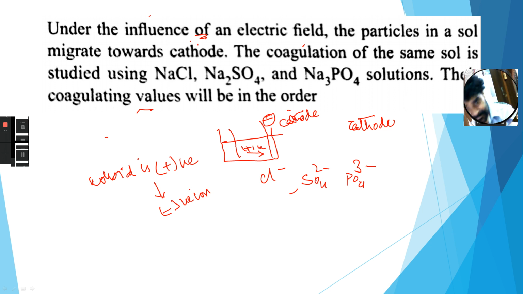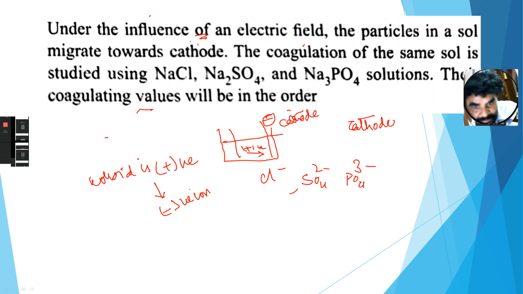Now, what is required? According to which are the coagulating values? What is the meaning of the coagulating value? Millimoles required. The smaller the charge, the more millimoles are required. The greater the charge, the fewer millimoles are required.